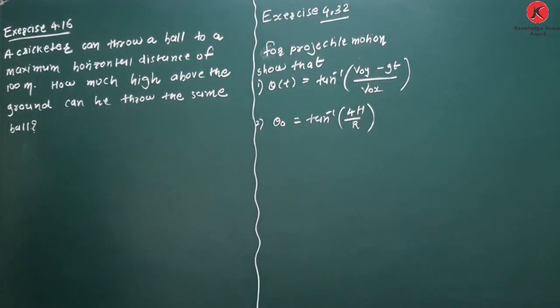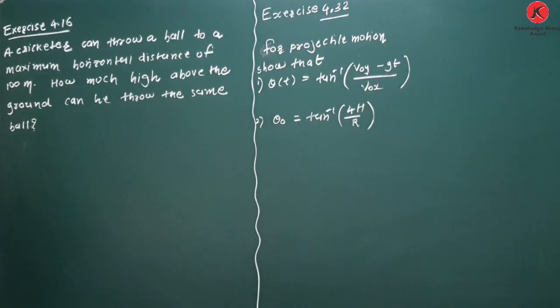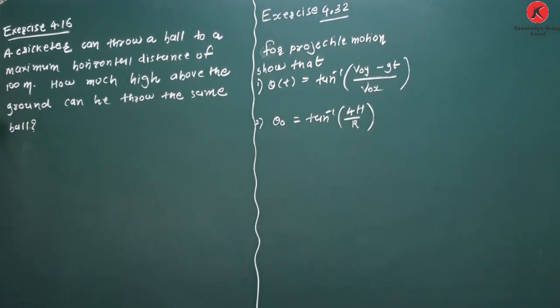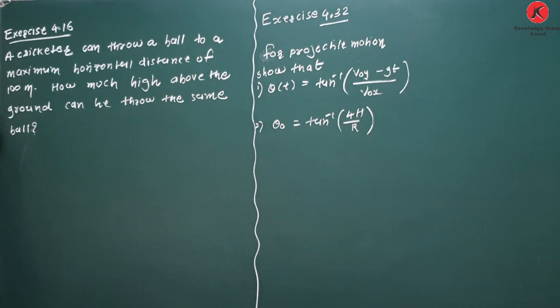Now the next question is exercise 4.16. A cricketer can throw a ball to a maximum horizontal distance of 100 meters. How much high above the ground can he throw the same ball? See, the first statement you are given is a cricketer can throw a ball to a maximum horizontal distance of 100 meters.